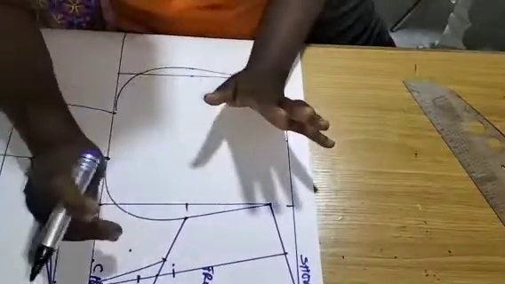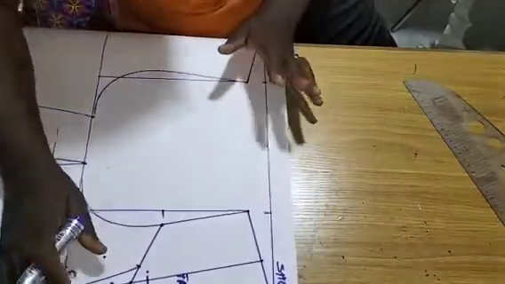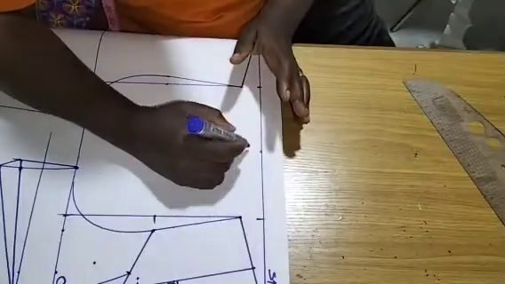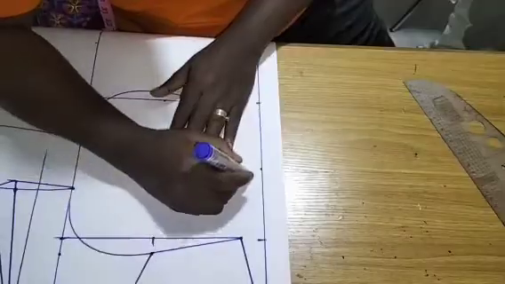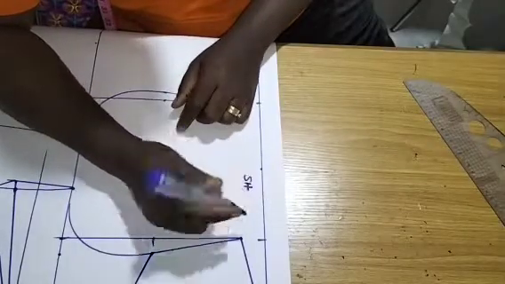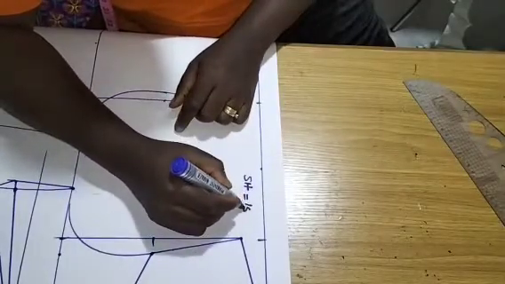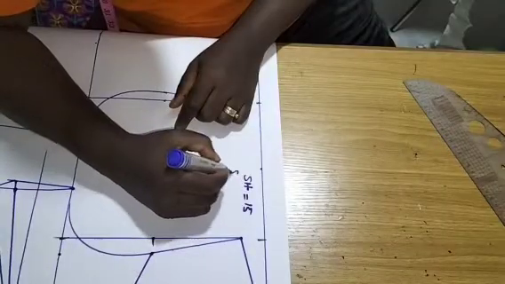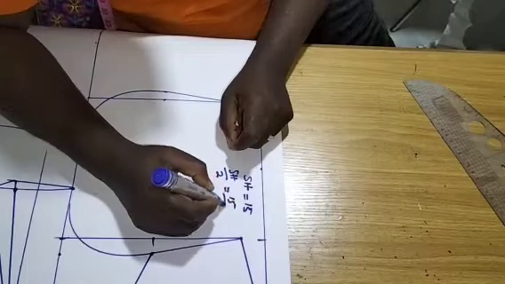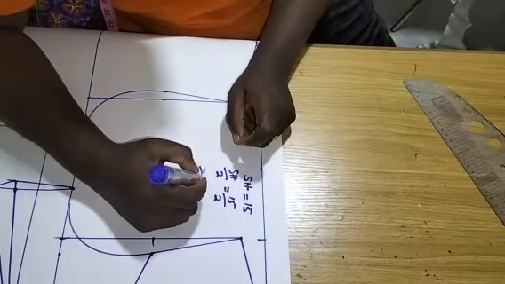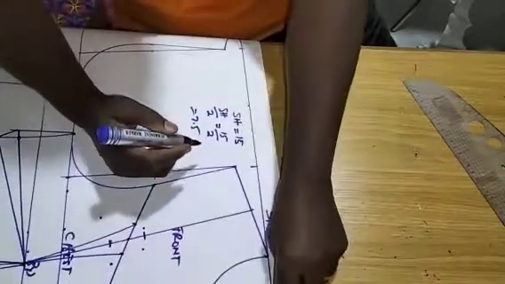For a normal off shoulder, if you are not making use of a dart, you make use of the calculation, or the formula for off shoulder, which is your full shoulder. My shoulder is 15. Divide your shoulder by 2. So I have 15 divided by 2, and it gives me 7.5, which is my half shoulder.